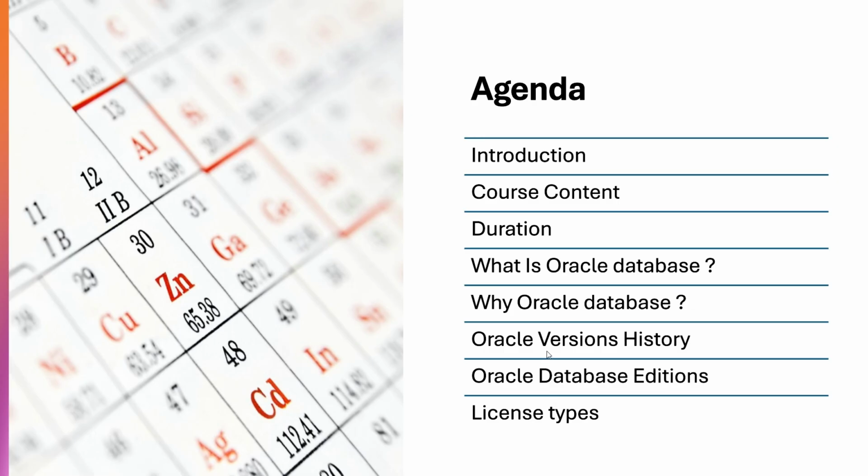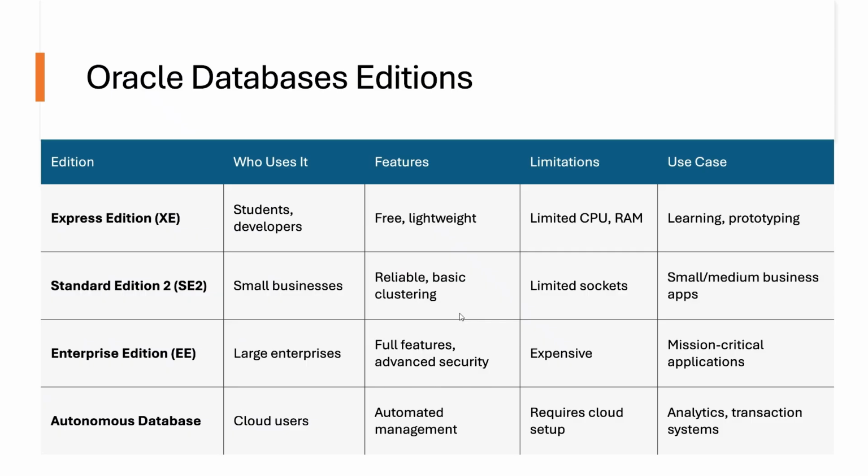So, Oracle database editions. When it comes to Oracle database editions, we have mainly four: Oracle Express Edition, Standard Edition (SE2), Enterprise Edition, and Autonomous Database.